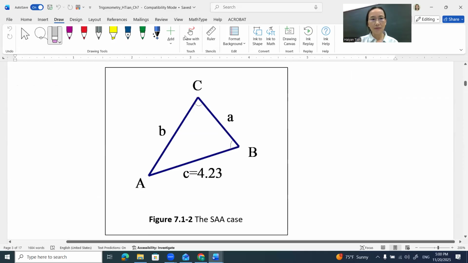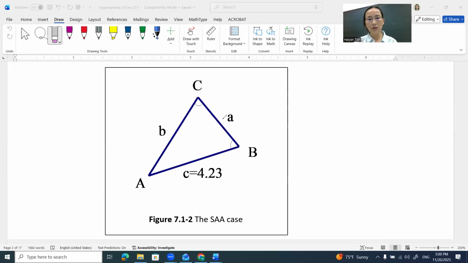Our next goal is to find lowercase a. Let's think, if we know the law of sines, let's use it.